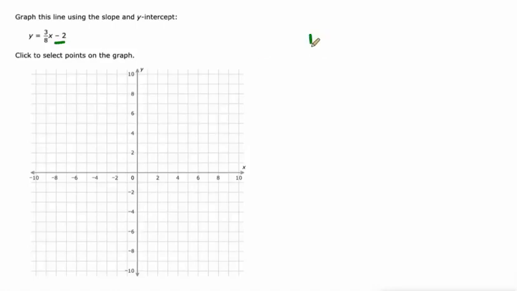All right, y-intercept, -2. Slope, 3/8. That means rise over run. Rise of 3, run of 8.